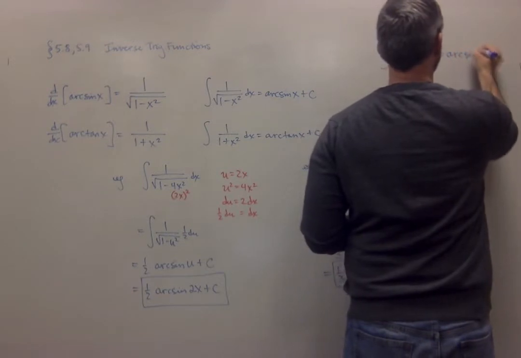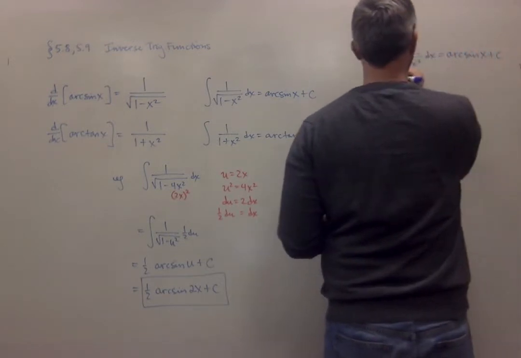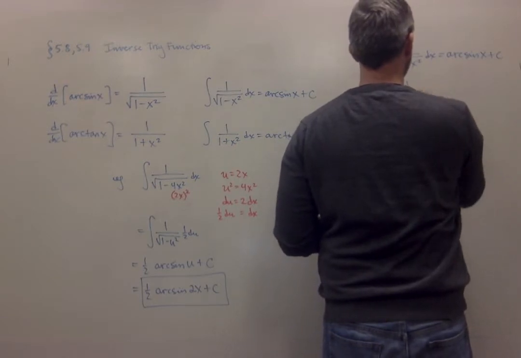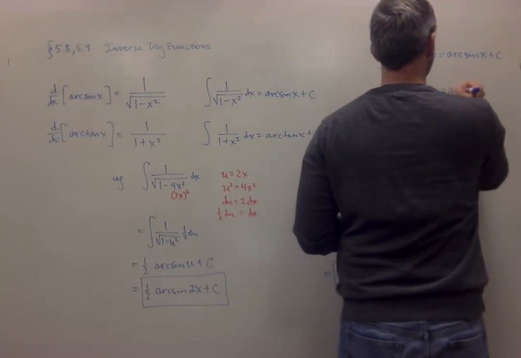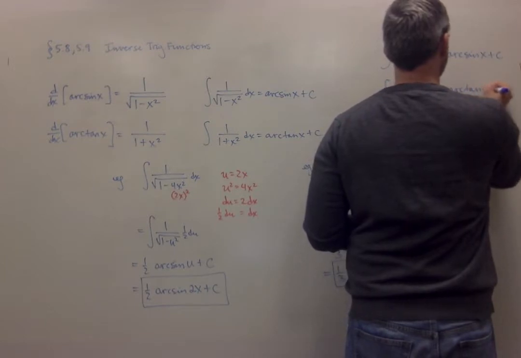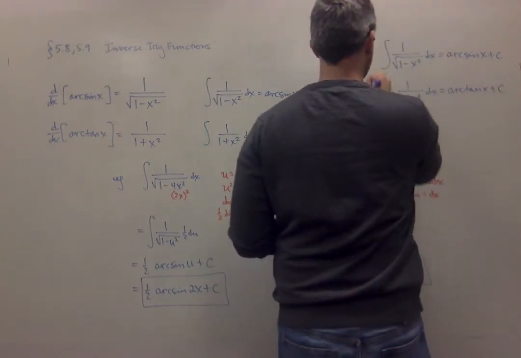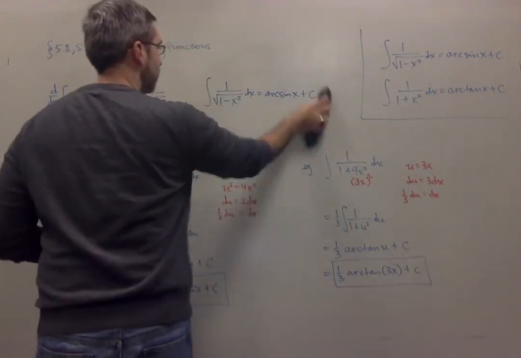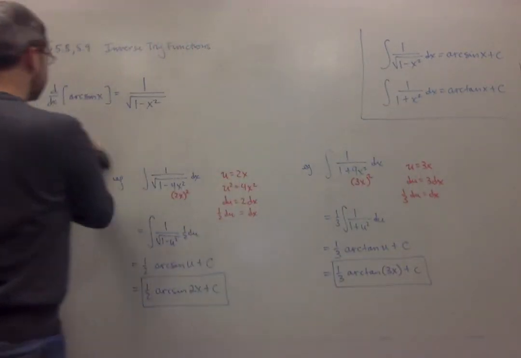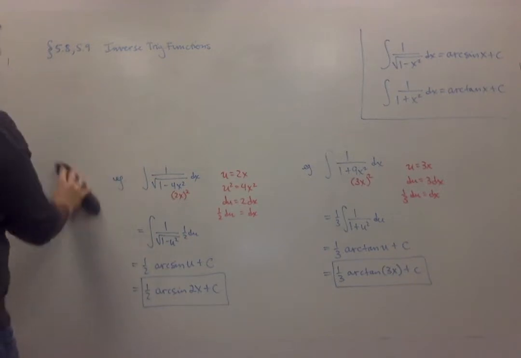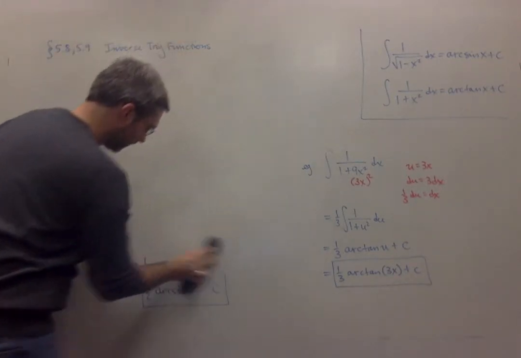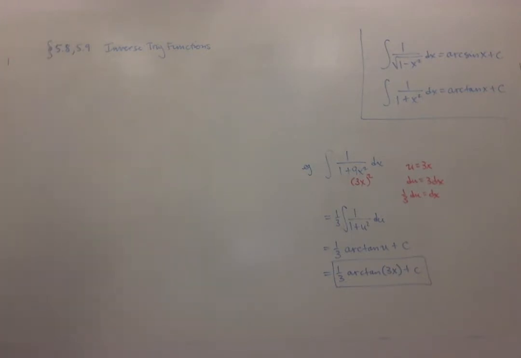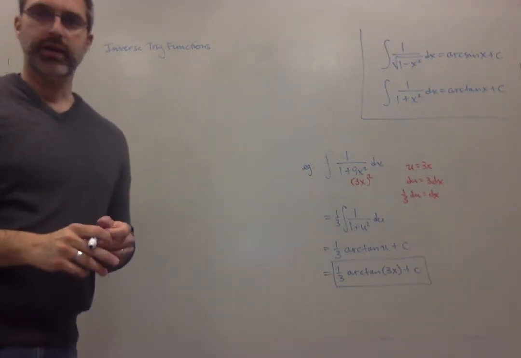One thing to keep in mind, especially for this arctangent integral, is that the arctangent one has a polynomial on the bottom. So again, you may run into problems here where you have a polynomial on the top and a polynomial on the bottom, and you may need to do a u substitution.